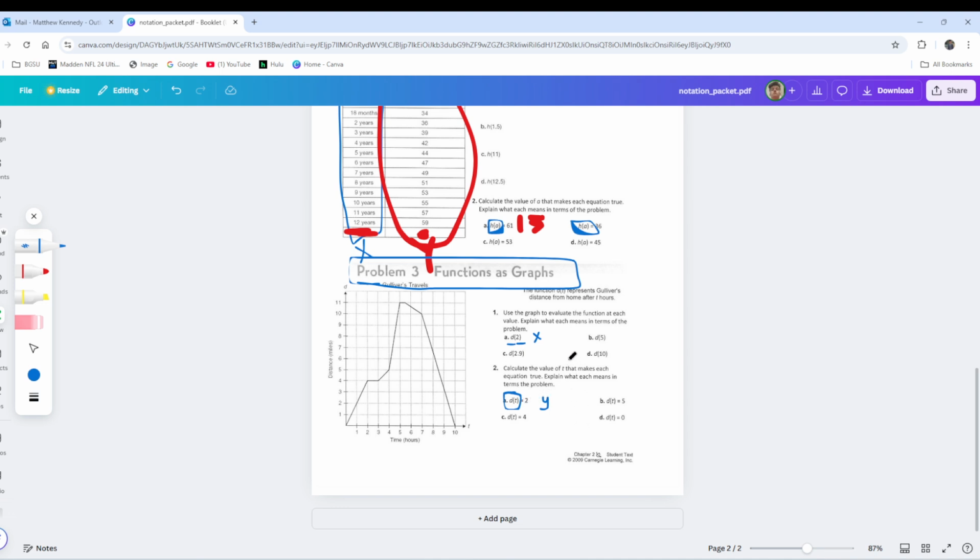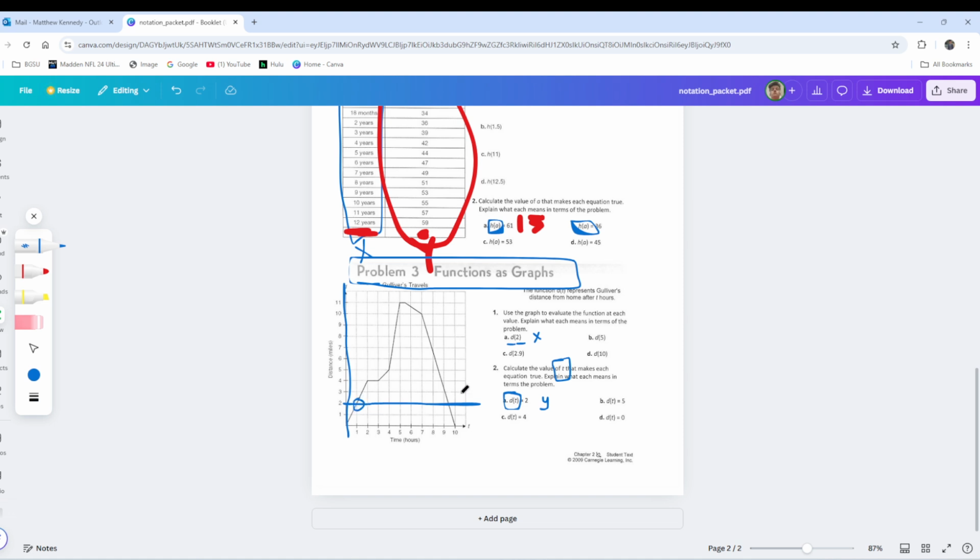Find the value of x. In this case, they use t. So if the y is 2, y is always up and down. I go to my y, I find 2. I then go across. What are the x values where my y is 2?